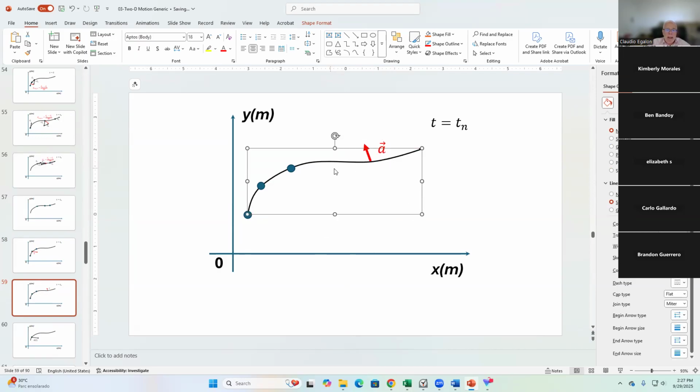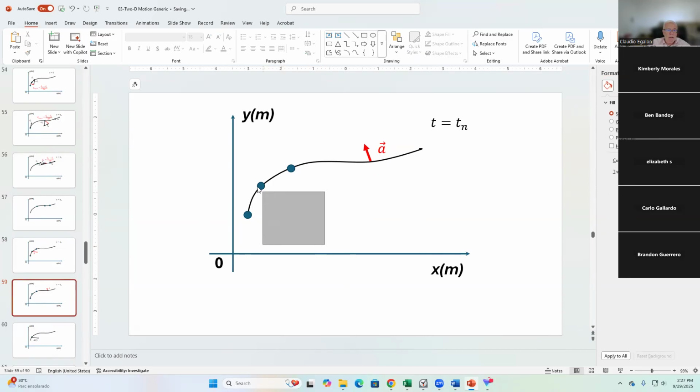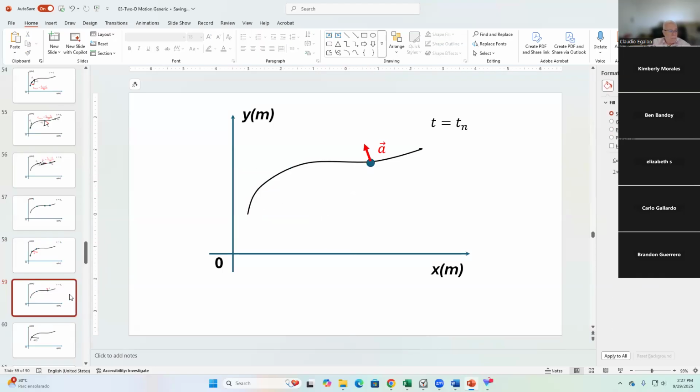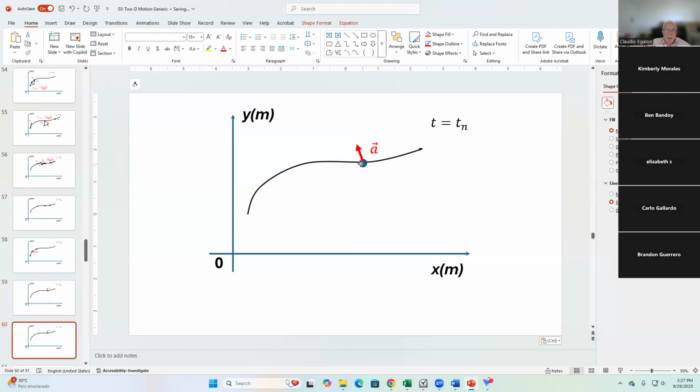But at this point in the past where there is a change in the concavity, let's move this one right in here. At this point right in here in the past, where we are having a change in the concavity toward downwards, concavity backwards, anywhere between those two different concavities, we're going to have an acceleration vector that's equal to zero.